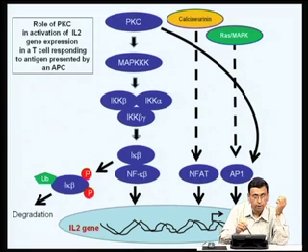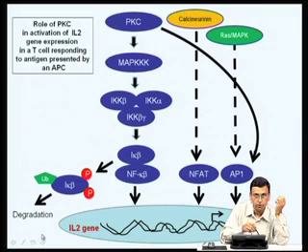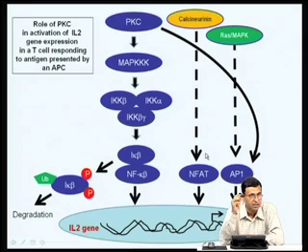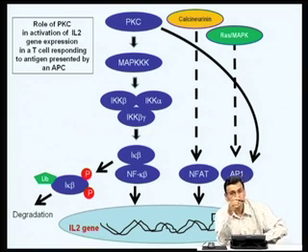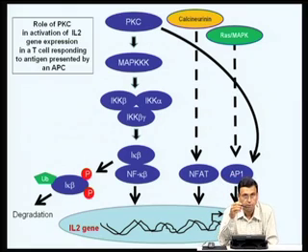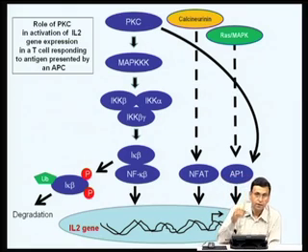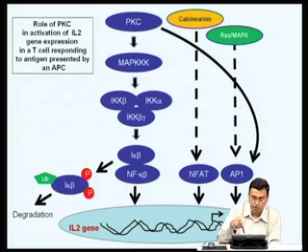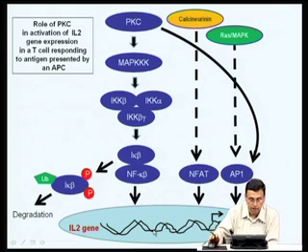NF-kappa B activation directly involves PKC mediated MAP kinase pathway activation, and PKC can also directly phosphorylate AP1, whereas NF-AT is activated rather indirectly, through the calcium released by the action of phospholipase C. The calcium is released by the inositol triphosphate produced by phospholipase C activation. The calcium then activates calcineurin, calcineurin in turn dephosphorylates NF-AT, and NF-AT then goes to the nucleus, binds and activates the transcription of the gene.